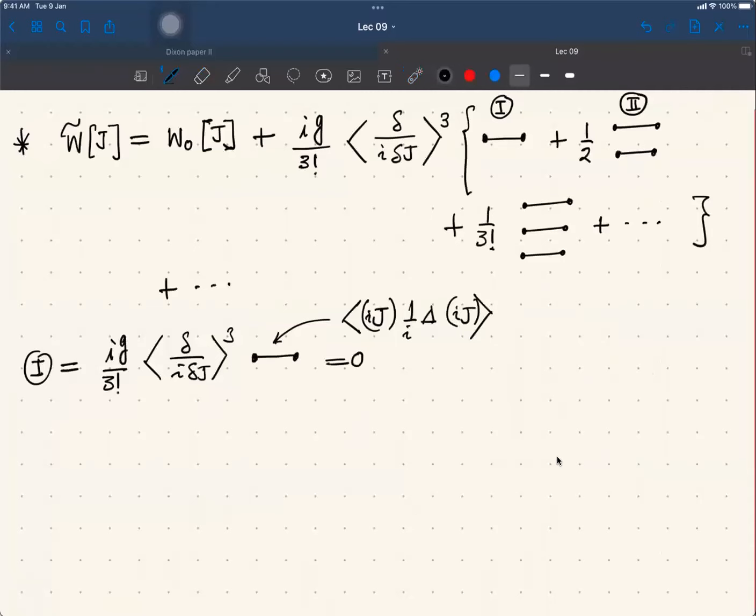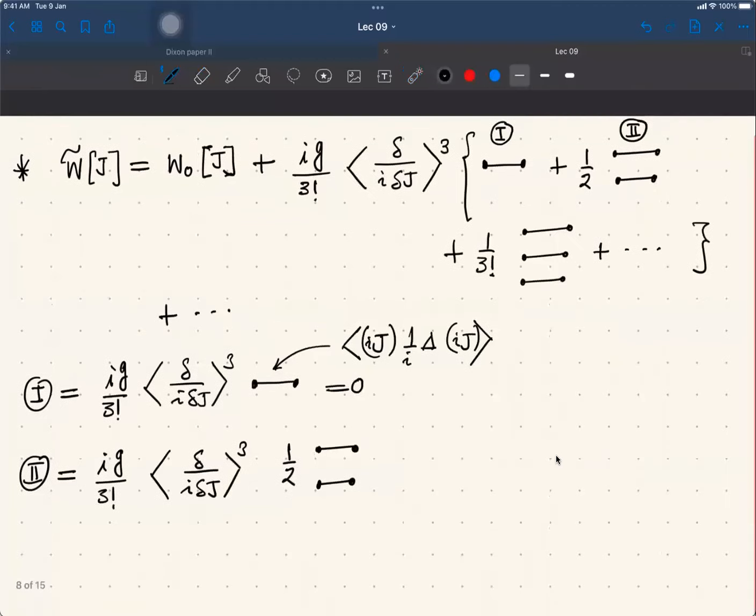We will have that statement later for vacuum diagrams, but this term is 0. If you have number of derivatives more than the number of J factors, of course that is 0. Now calculate 2: Ig by factorial 3 del J cube acting on half times this.